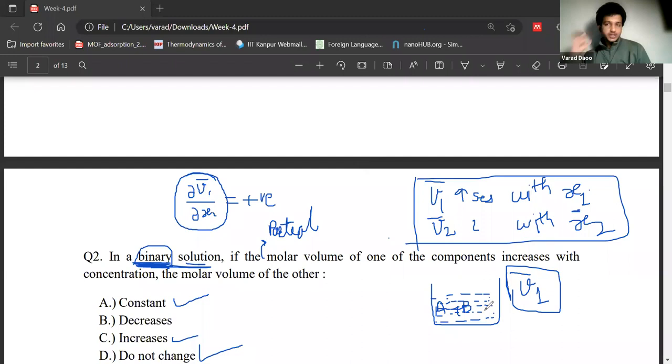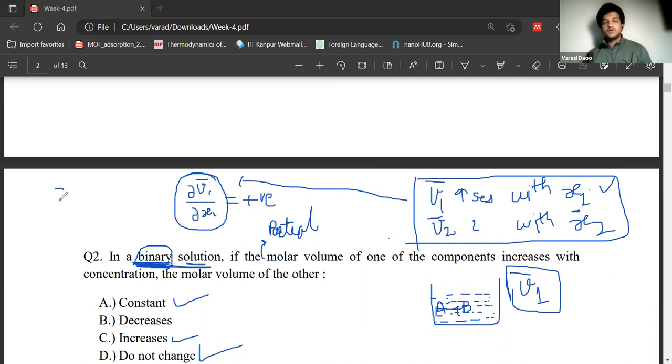So I hope the question is clear to everyone. We have a binary mixture containing A and B, and the partial molar volume of one of the components increases with x1. Now what is the correlation between the partial molar volume of the other component with respect to its mole fraction? The hint which I have given is that it has to do with this derivative.